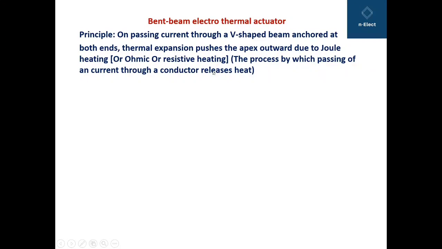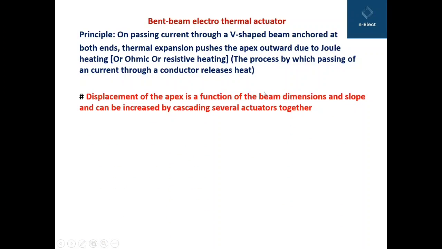That is the meaning of resistive heating or Joule heating. Displacement of the apex is a function of the beam dimensions and slope and can be increased by cascading several actuators together.